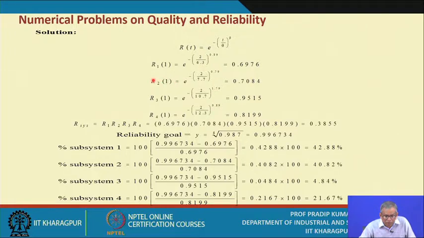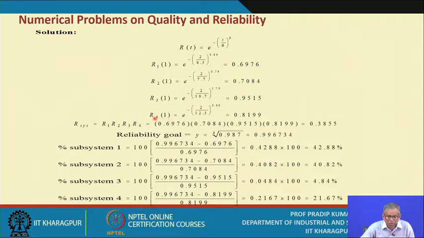Similarly, for all other major subsystems. For major subsystem 2, the value of theta is 7.7 and 0.79 is the value of beta. You get a value of 0.7084 as its reliability, and similarly for the third subsystem the value is 0.9515, when the beta value is 1.79 and theta or alpha is 10.7, the scale parameter.